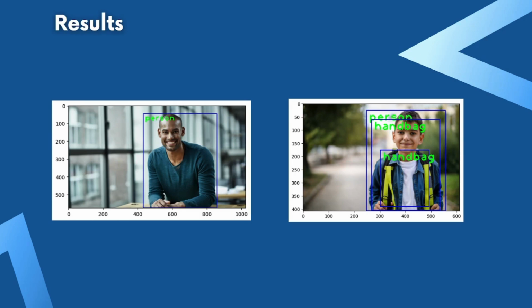This duplication issue can be caused by several factors. The SSD model's multi-scale feature maps may predict multiple bounding boxes for the same object, especially when the object spans multiple scales in the image. The model's non-maximum suppression, or NMS, which is supposed to filter out overlapping boxes, may not be aggressive enough, leading to redundant detections.